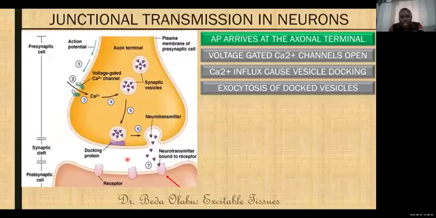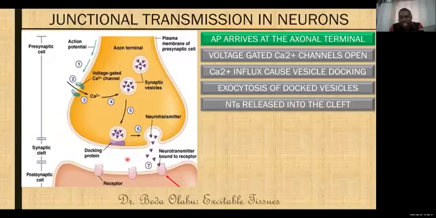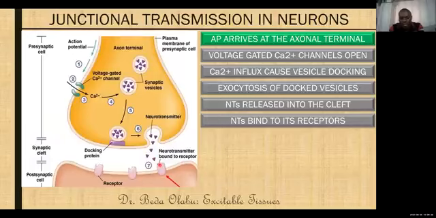But all those are not important for transmission. The one that is important for transmission is if the neurotransmitter binds to its receptor on the postsynaptic cell. The receptors of the neurotransmitter are on the postsynaptic cell. This is the receptor for the neurotransmitter.